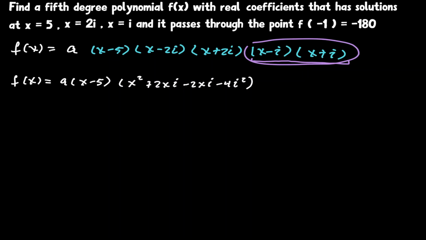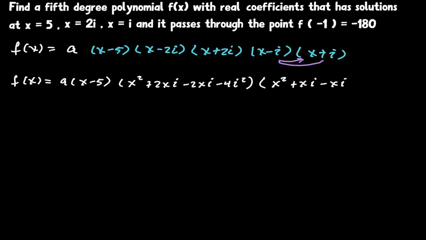Now let's multiply these 2 factors. Let's distribute the x, that is x squared. Let's distribute the x, so that's xi. Let's distribute the -i, so that's -xi. And let's distribute the -i, so that's -i squared.